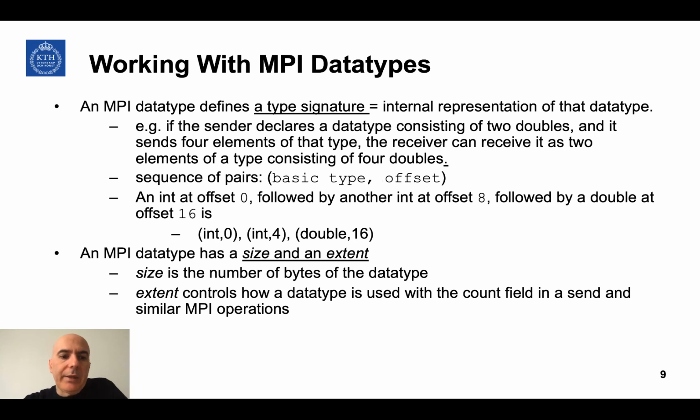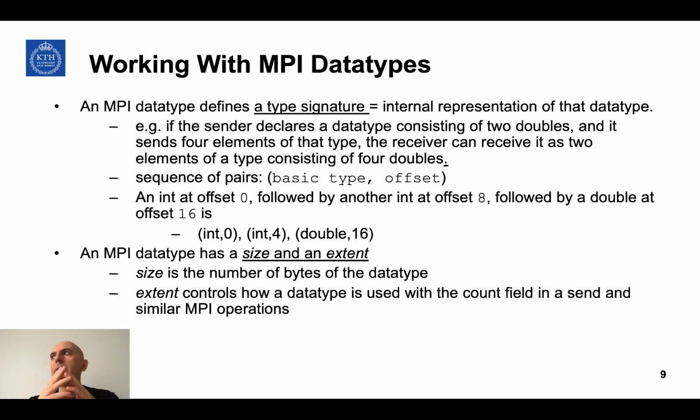And an MPI data type has a size and an extent, which are two slightly different concepts. The size is the number of bytes of the data type, while the extent controls how a data type is used with the count field in a send and similar MPI operations.